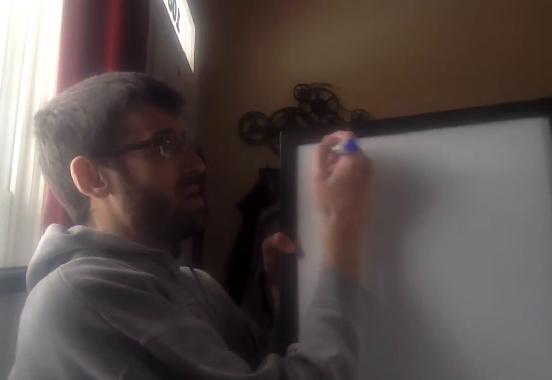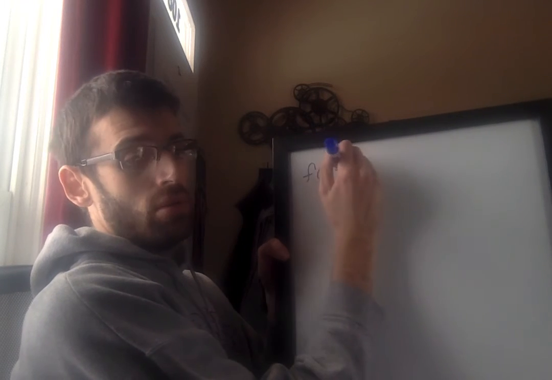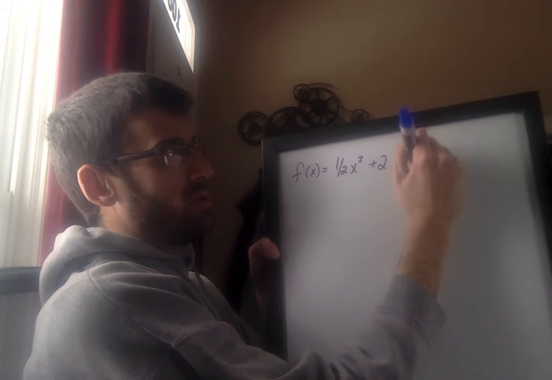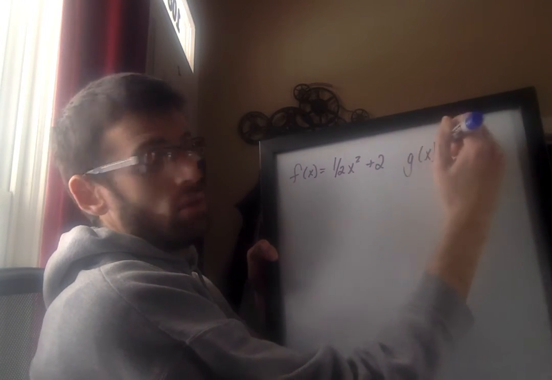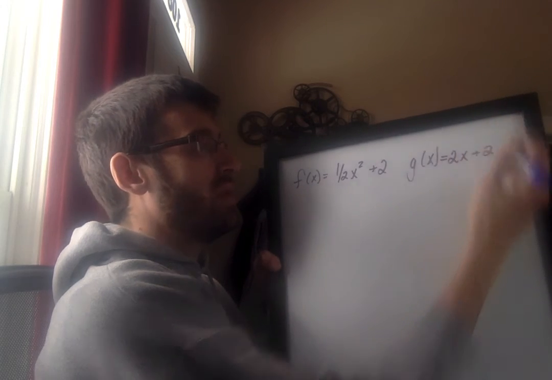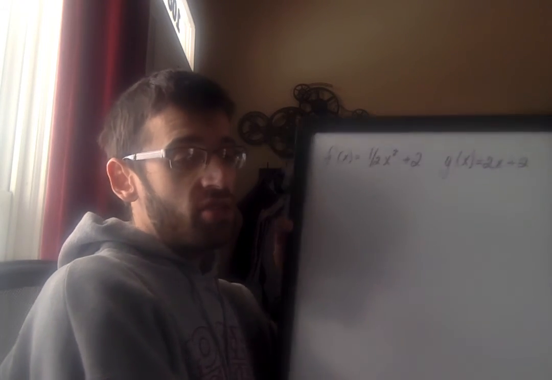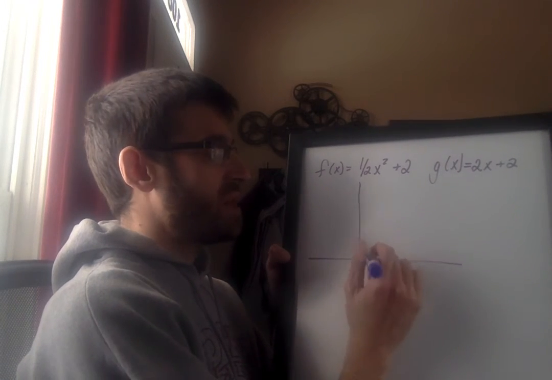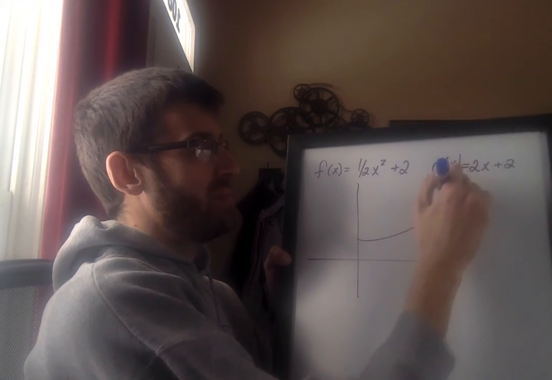Now on number 4, I had my functions, x plus 2. So this is where I had to revolve around the x and the y. The first one is going to be a quadratic, going to open up.